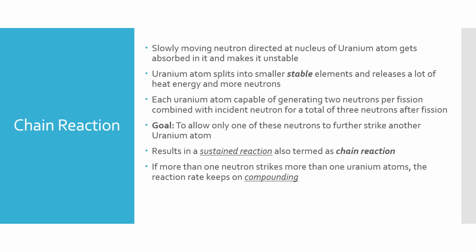It will go out of control, and that will cause a lot of heat energy production inside the reactor, which will go beyond the design limits of the reactor and will cause the reactor to explode. So it is extremely important to only allow one neutron from a fission to go on and perform another fission. If more than one neutron is allowed, then the reaction will go out of control.